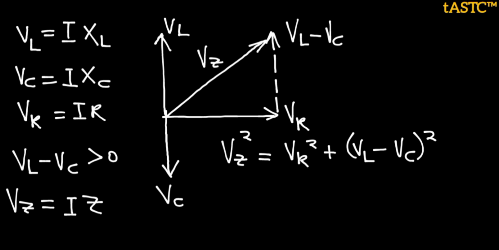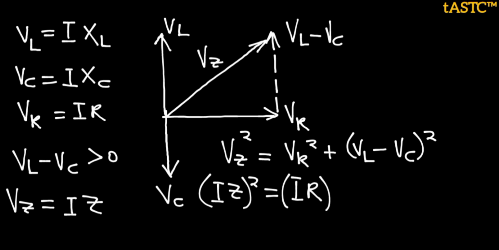So in this case, we're going to have I multiplied by Z, that will be squared. On this side, we're going to have I multiplied by R. That also is going to be squared. And here we're going to have I X sub L minus I X sub C. This is also squared.